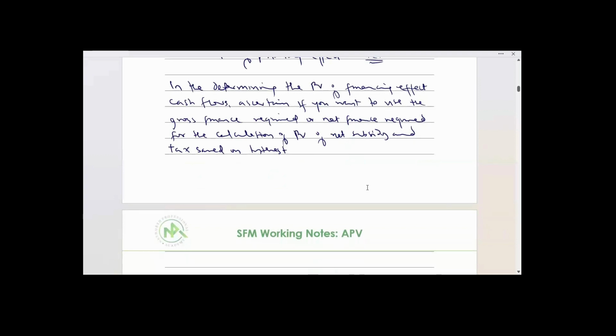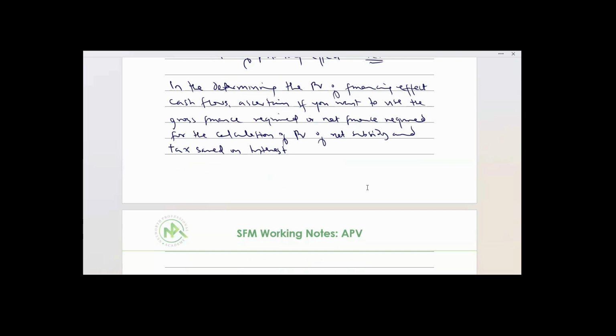The second one is that as far as PV of financing effect cash flow is concerned, there is no established rule as to the discount rate to be used to appraise the cash flow arising from financing effects.